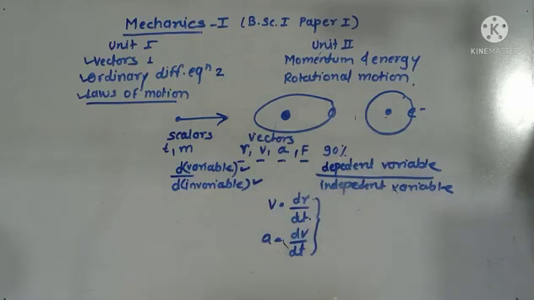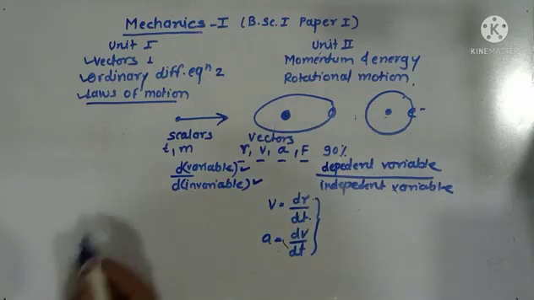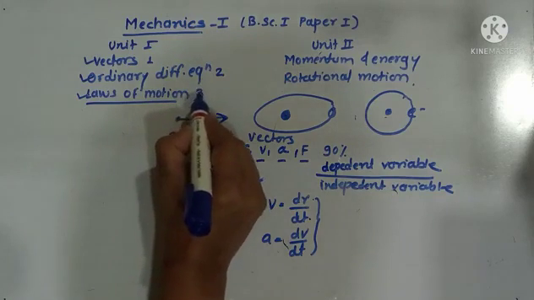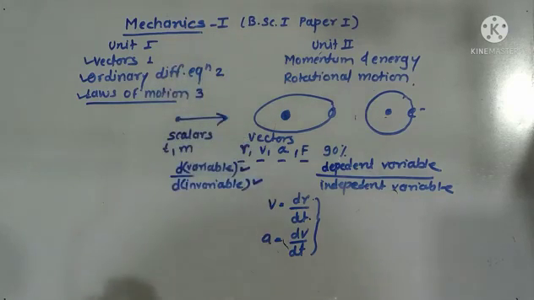Then the third part is the laws of motion. From here we are actually starting with the mechanics. We already know that Newton's three laws of motion are the basic building blocks of classical mechanics.